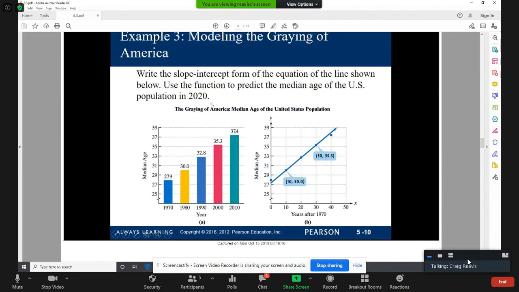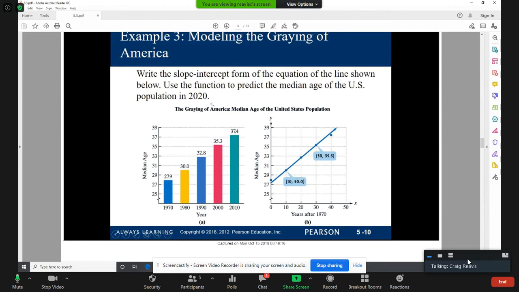All right. These bar graphs really don't matter here. It tells us the median age of the U.S. population. What's median? Does anybody remember from mean, median, mode what median is? If you listed all the numbers, it's the one in the middle, right?